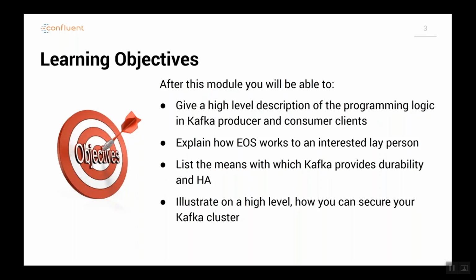We'll discuss different options for data retention, take a closer look at how producer and consumer groups work under the covers, the different types of message delivery and processing guarantees supported by Kafka, including an overview of exactly once semantics, or EOS as we call it, a brief discussion of options for monitoring and troubleshooting in a Kafka environment, and then finally, we'll wrap up by looking at some of the different options Kafka provides for securing the cluster and our client applications.